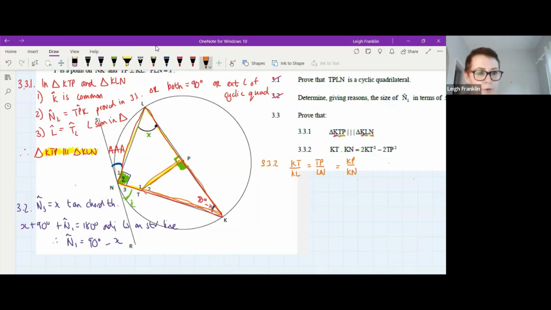Okay, so first two over first two equals last two over last two equals first and last over first and last. All right, and here, corresponding sides of similar triangles in proportion.